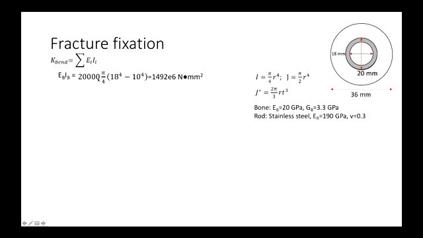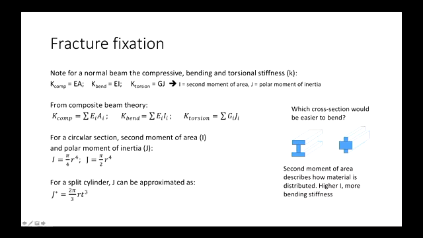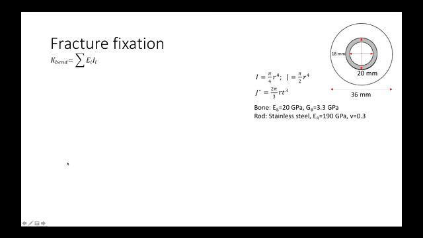Now, we don't have a circle. This formula for second moment of area is for a circle, but we have a tube of bone. So this is the bone on the outside.